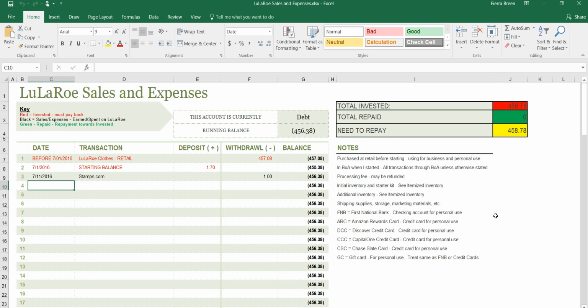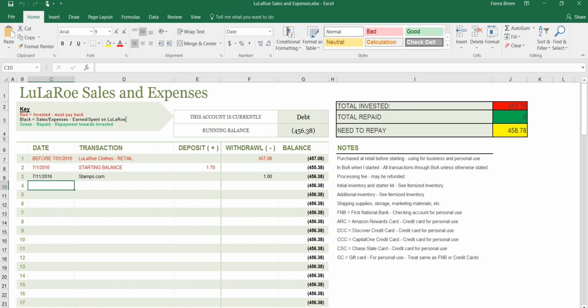Anyway, like I said, transactions that show up in red mean it's my own personal money that I will need to pay myself back from my profits that I earn through LuLaRoe. If it's in black, that means it is a sale or expense specifically for LuLaRoe.